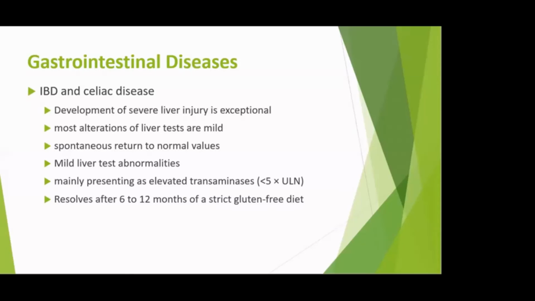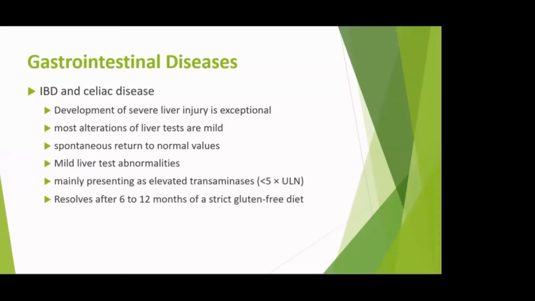Gastrointestinal diseases. The prevalence of liver test abnormalities is rarely high in certain gastrointestinal disorders such as IBD and celiac disease, and the development of severe liver injury is exceptional.